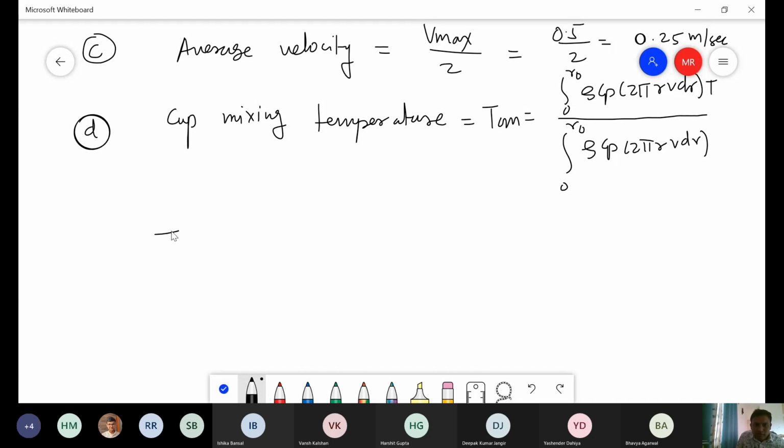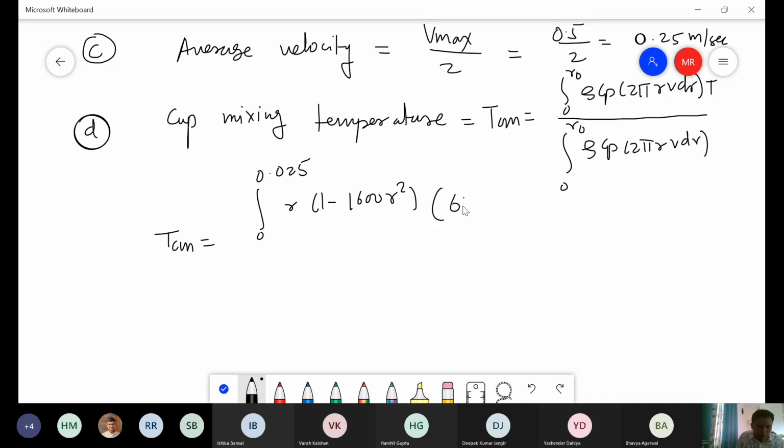So TCM, 0 to R naught, in this case R naught is 0.025. R into (1 minus 1600 R square) is the velocity. Rho Cp and 2 pi we can consider constant, so this will get cancelled out because it will come out of the integral sign.